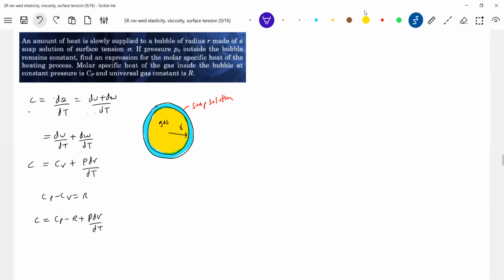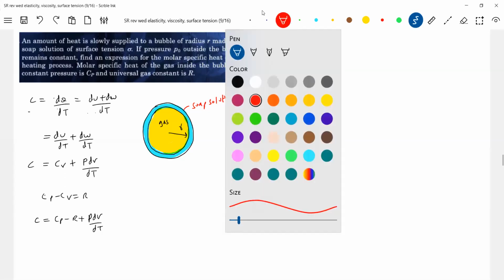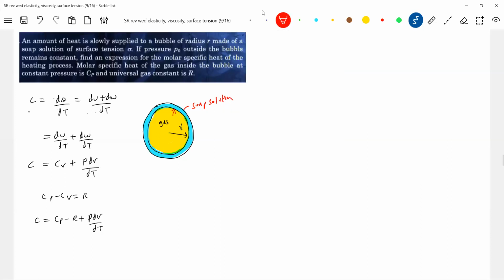So why I'm bringing all this, because I had to generate an idea. So I had to think in this way here. The gas inside will be exerting a force in this direction, and the air which is outside will be exerting a force, and it's in equilibrium.